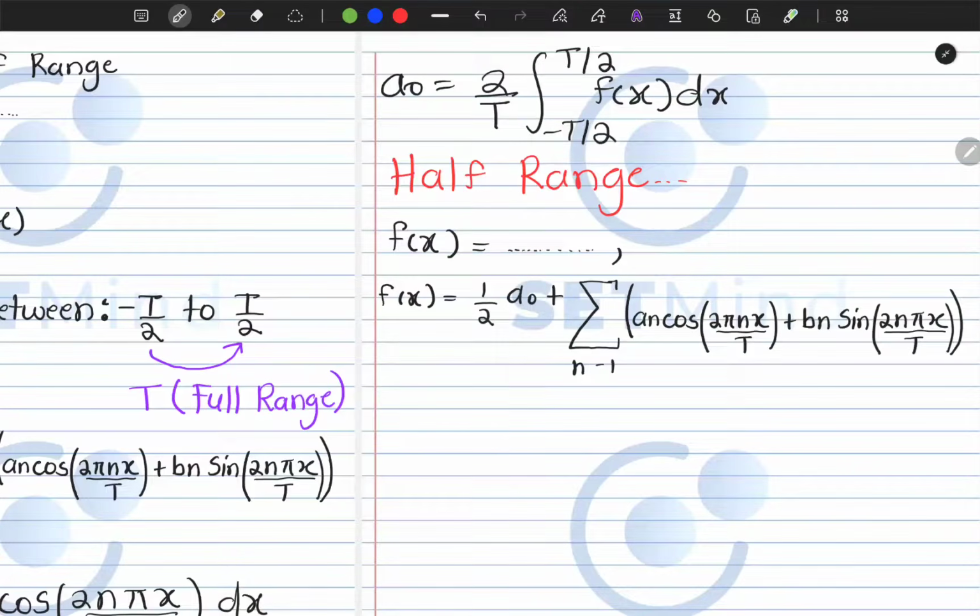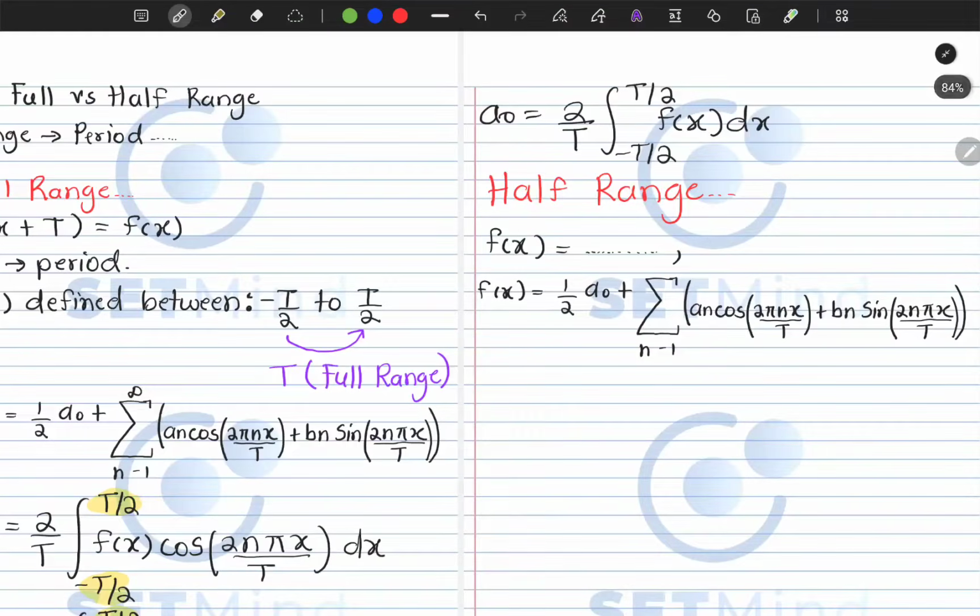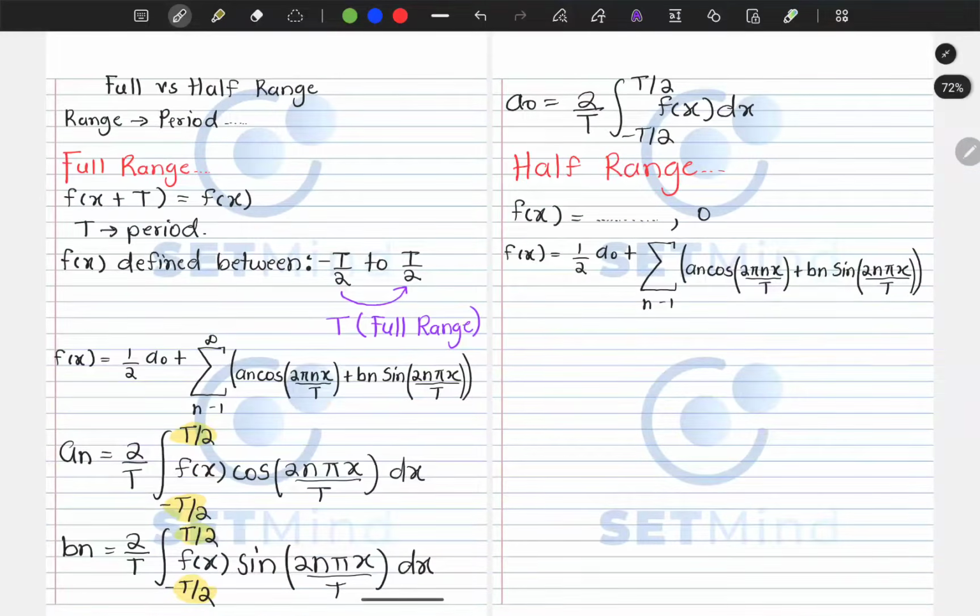Then when they define our period, they will use, let's say, x from 0 to 2 pi, or t over 2. While with the previous one, what we had is f of x equals something, then our x will be between t over 2 and negative t over 2. So with this one, here's the difference. It is from 0.